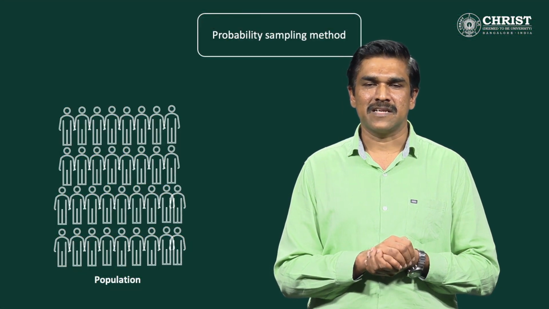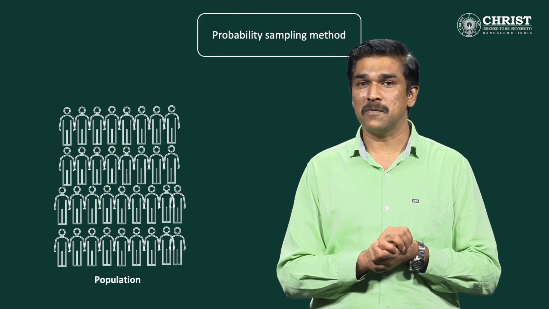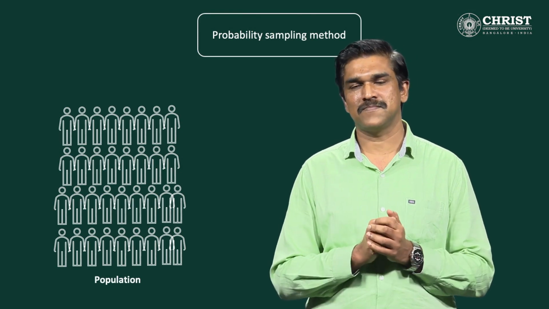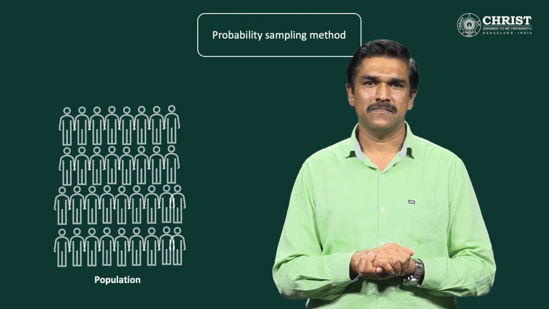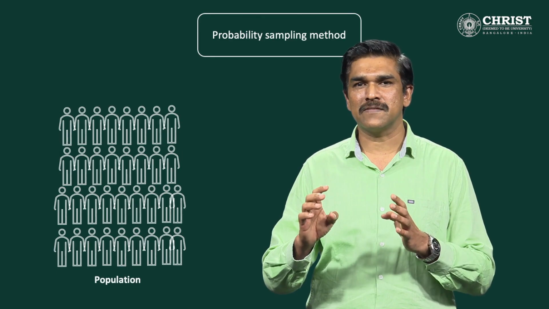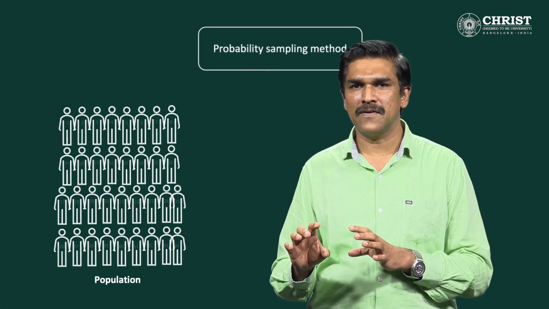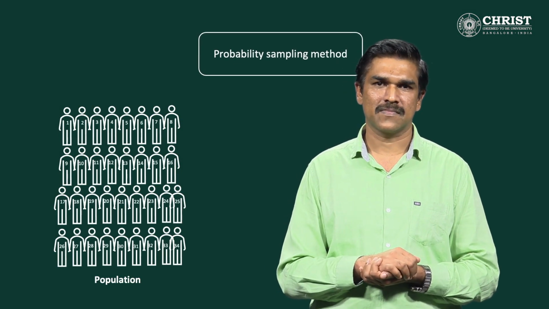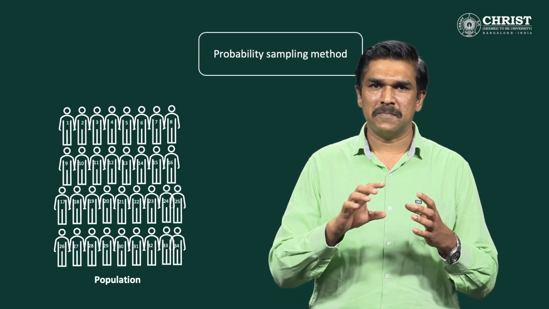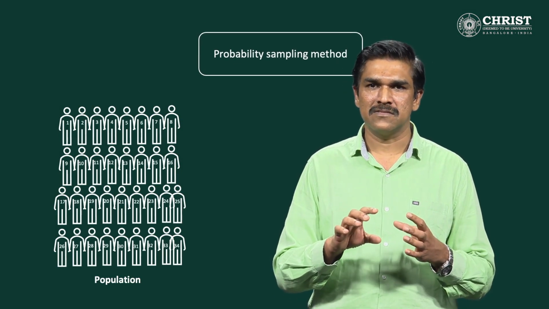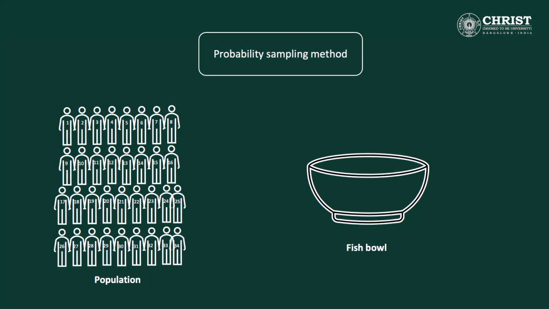Random selection can be easily practiced if the population is definite. As a first step, we can make a list of the participants. Each participant can be identified with an ID. First, we can prepare a set of lots with an ID in each.